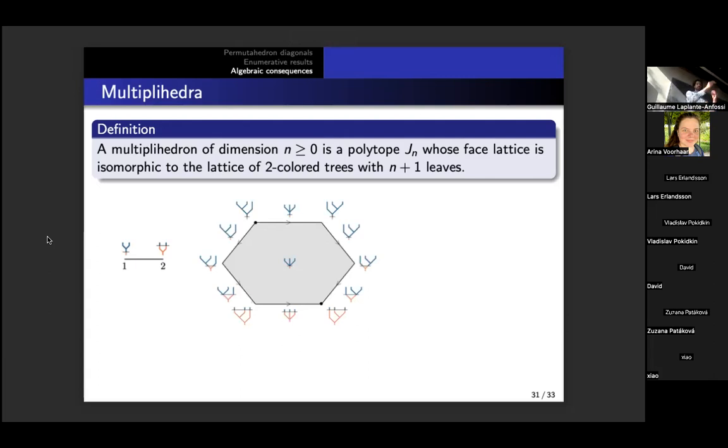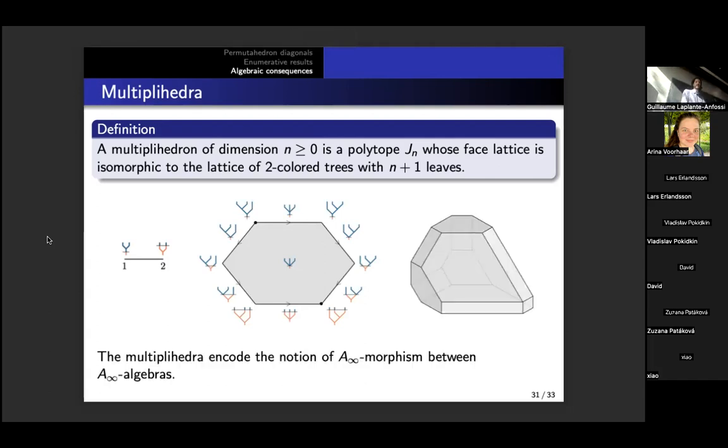Its faces are in bijection with trees with a gauge in the middle, so I see them as having 2 colors. And so here you have the one-dimensional, two-dimensional and three-dimensional multiplihedra. These were defined by Stasheff in 1970, but they were realized as polytopes only in 2008 by Ainfosi. So it took some time to realize them actually as polytopes and not only as CW complexes.